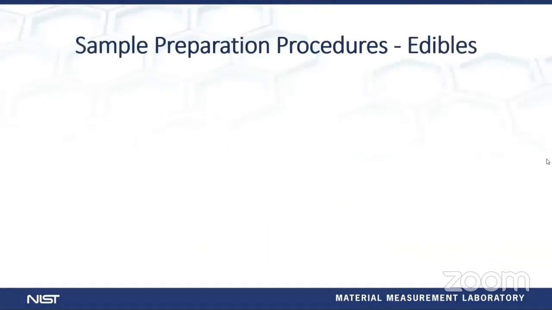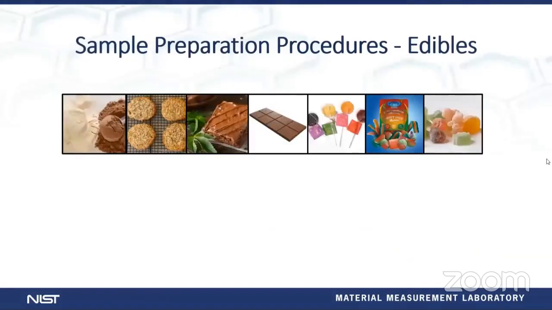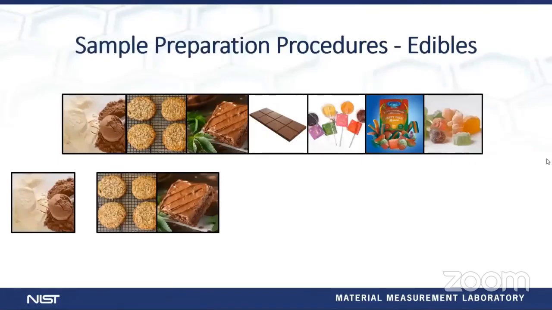Last, I'm not going to go into detail about a lot of the work we're doing in the case of edibles, but we have done a lot of work here, and please feel free to reach out to me if you have questions. It centered around very clean samples like protein powders, or more complex foods like cookies, brownies, and chocolate. A much bigger issue we had to figure out there was dealing with melting it and then doing something about the lipids present in the sample.